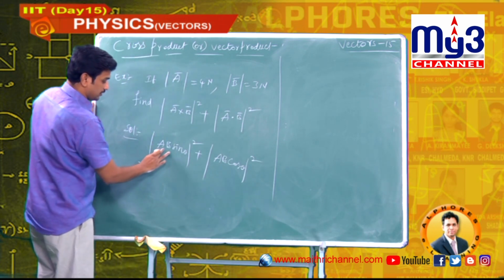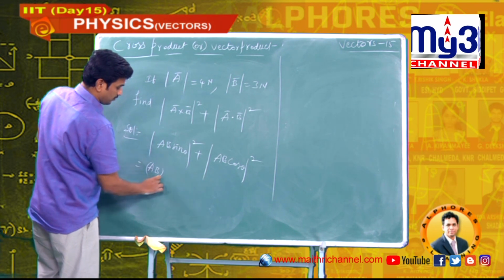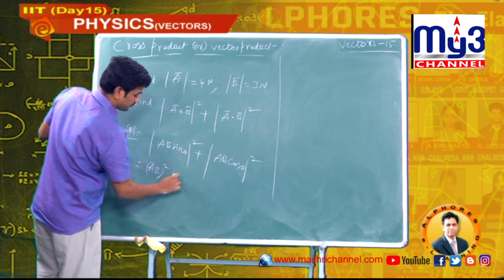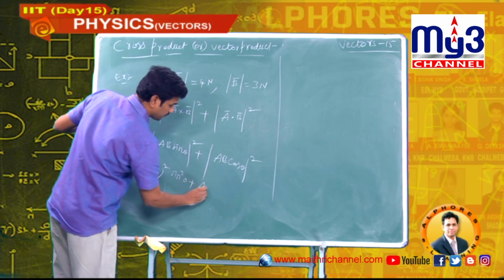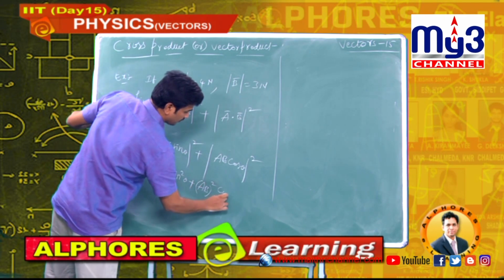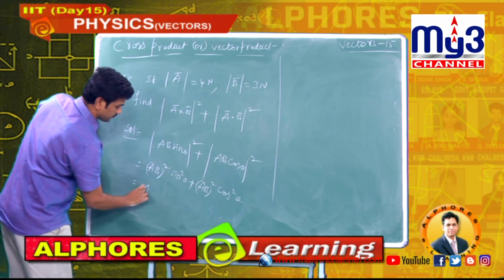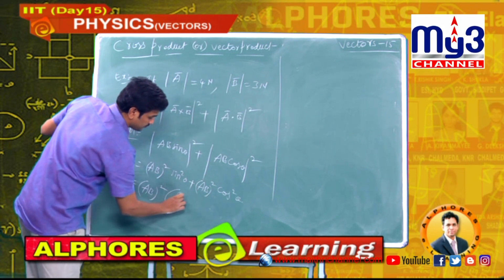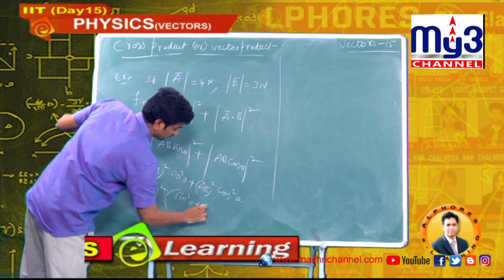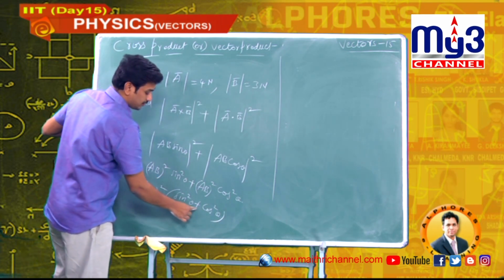Now this is AB whole square sin square theta. Next term AB whole square cos square theta. Can you common AB whole square? Sin square theta plus cos square theta. Sin square theta plus cos square theta is identity rule.